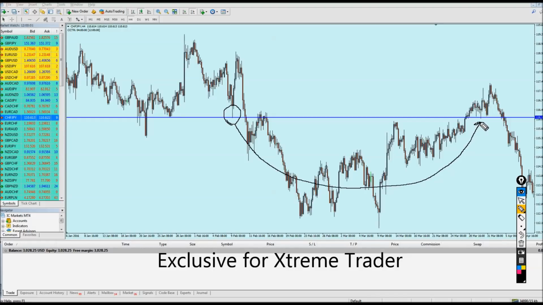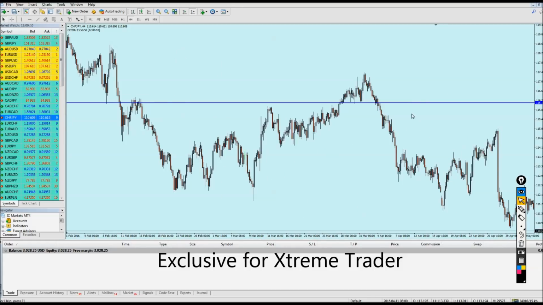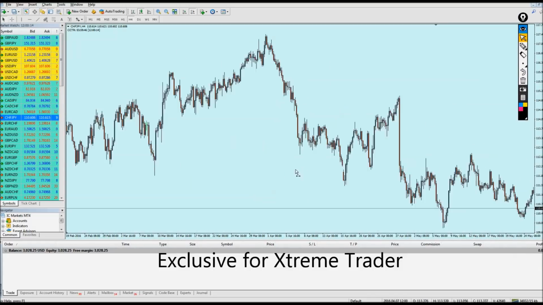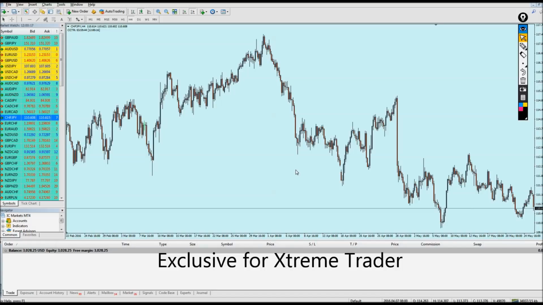Later on, we can see that the same level gave me a strong support reversal. And therefore, guys, I hope by this you have understood how we can select our support and resistance lines.